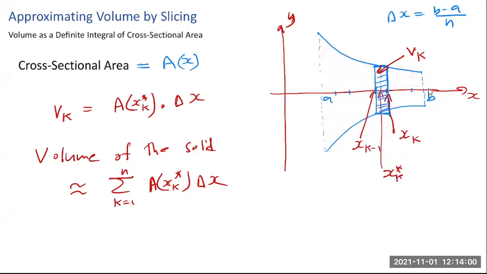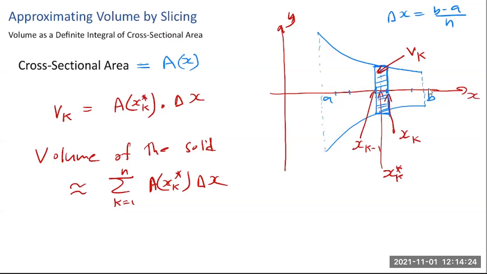That's an approximation. How do you get the exact value? As I mentioned in the previous example, if you want a more accurate answer, you need to further subdivide this interval. You take more subintervals, you get a more accurate answer.